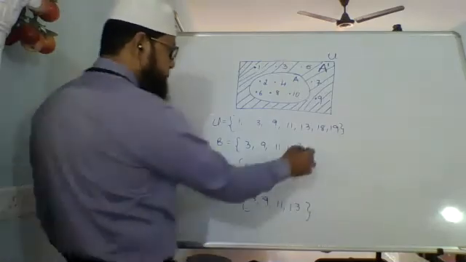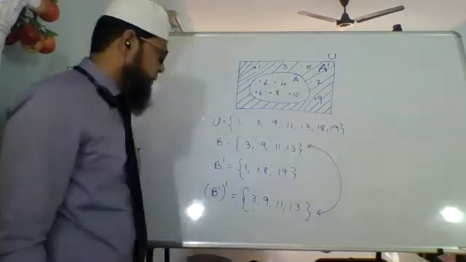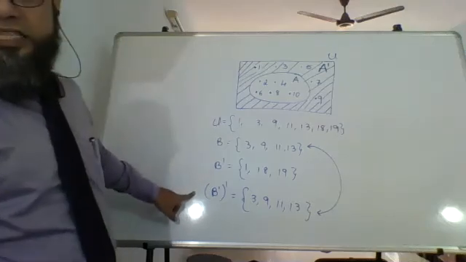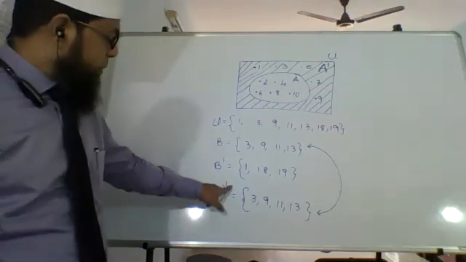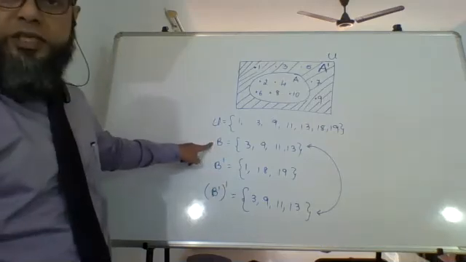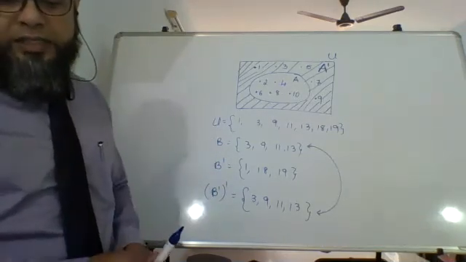So you will see B and B dash dash are the same. That means complement of a complement is the original set.